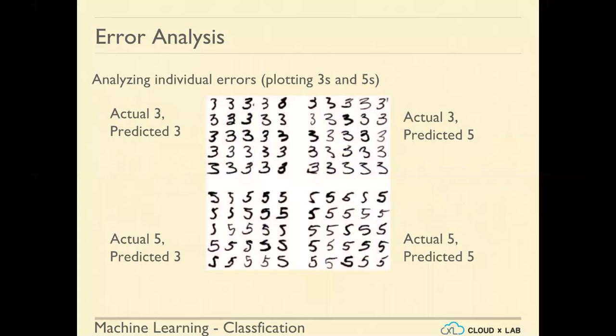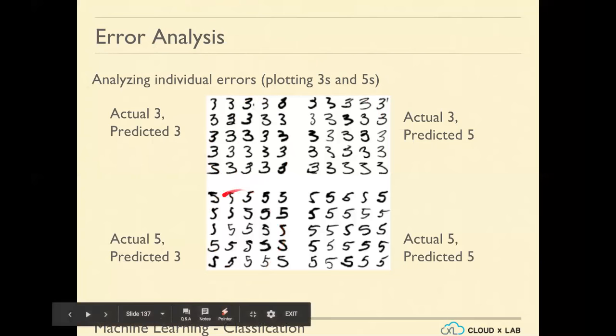Also, if we take a look at more of this data, the way we plotted earlier, if we look at 3s and 5s and the predicted ones, we'll notice that this is basically the confusion matrix with the visuals. Here, these are actual 3s which were predicted as 3, they worked well.